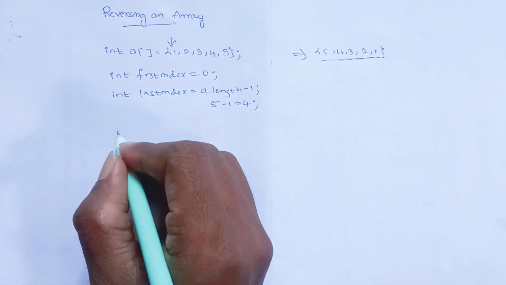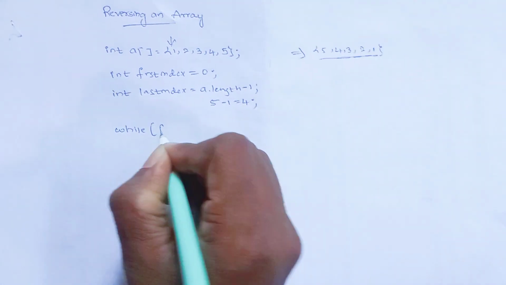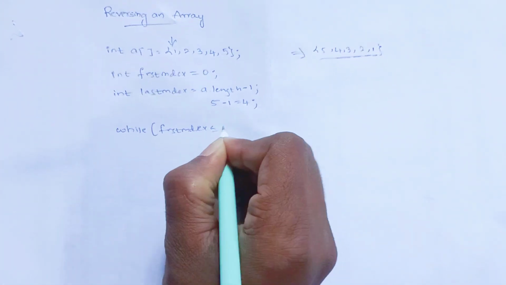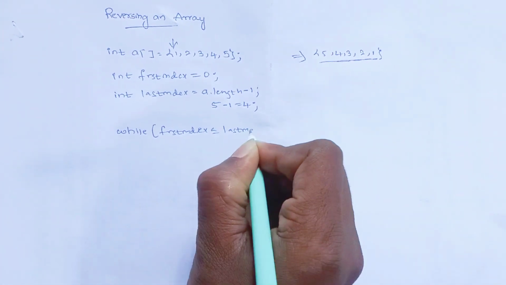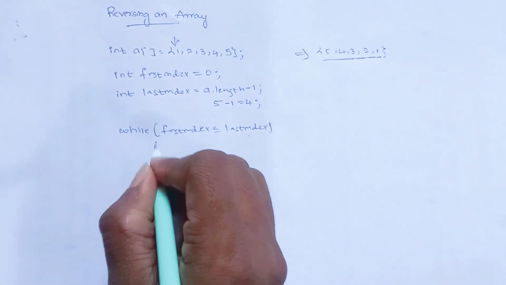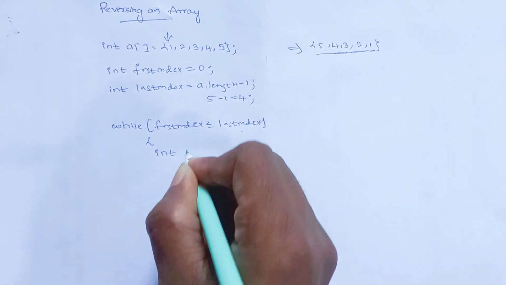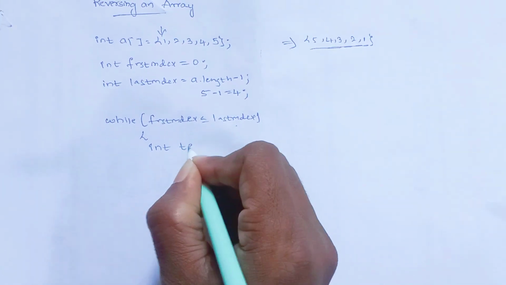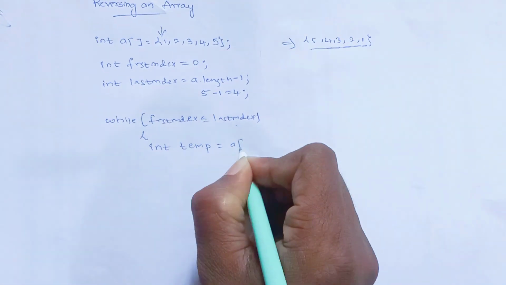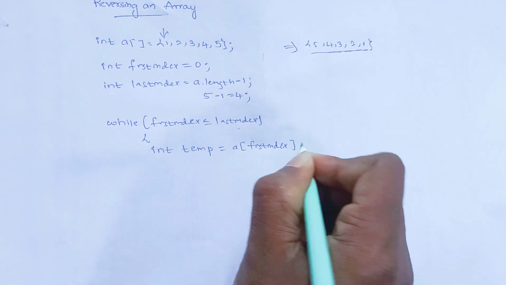And then what we need to do is we will make use of a while loop here. So the while condition is first index less than or equals to last index. When this particular condition gets satisfied, we need to enter into the loop and perform the operations like int temp equals to a of first index, where temp is another variable.